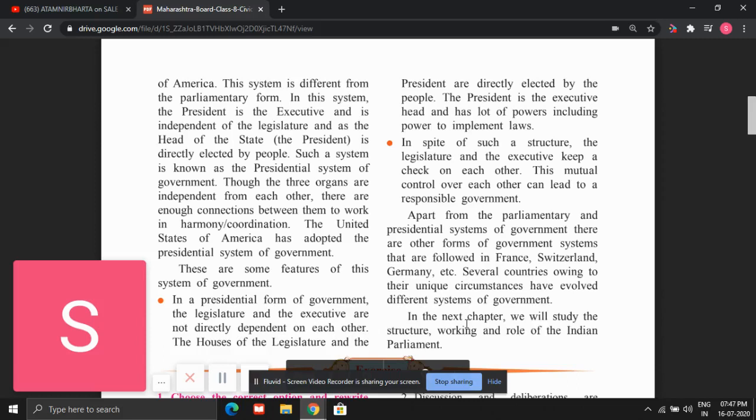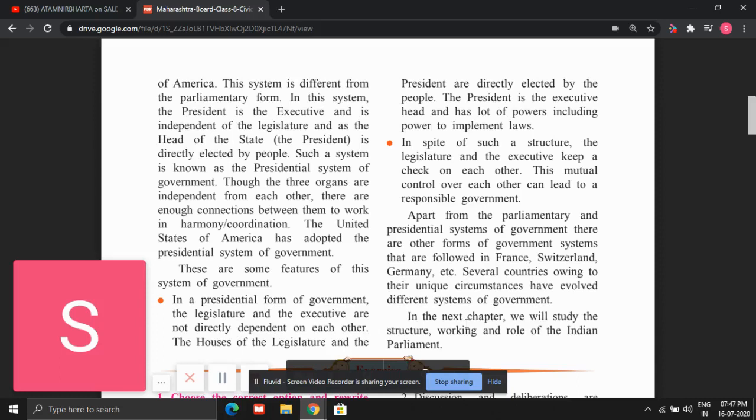The house of the legislature and the president are both directly elected by the people, and the president becomes the executive head. He is the head of the executive, and he has a lot of powers, which include the power to implement laws.